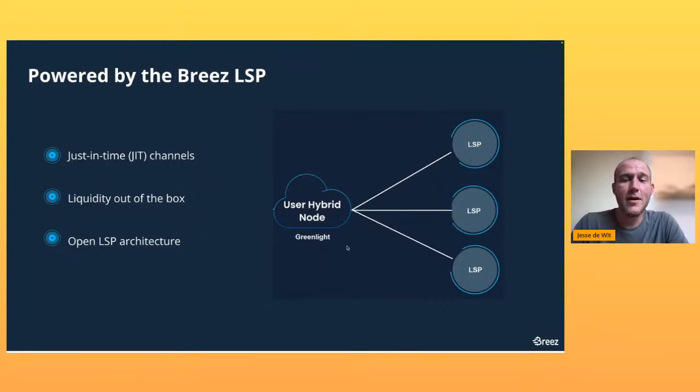That means that when you receive the payment, at that moment, a Lightning channel will be opened to your node on the fly. And that way you'll never have to worry about liquidity again because it's out of the box. So when you're developing applications with the Breez SDK, you get all of this out of the box.